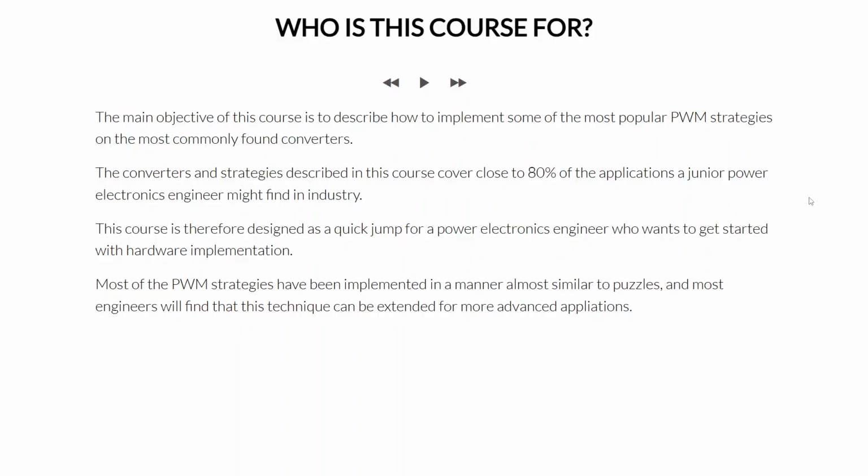For that reason, the PWM strategies in this course have been implemented in a manner almost similar to puzzles. I have presented them as a puzzle that you should solve in order to achieve a particular gating pulse. And you will find that this approach can be extended to some very advanced applications as well.